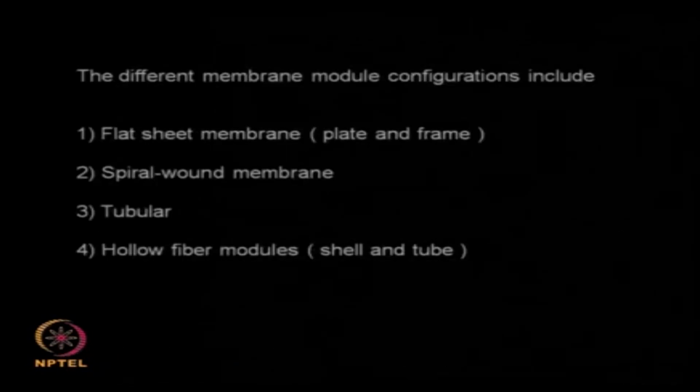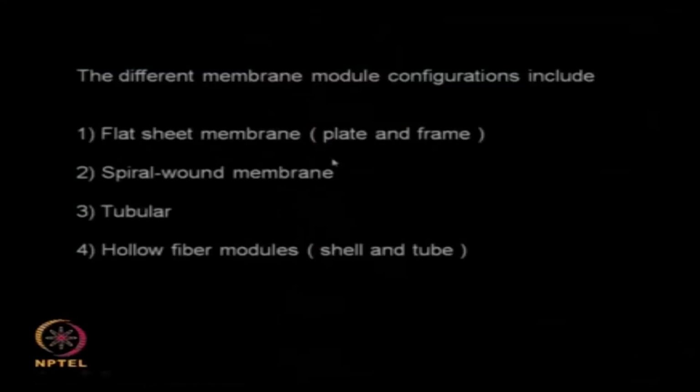Different types of membrane modules are there. The flat sheet membrane is like a plate and frame: the membrane material is in the form of a plate, and the frame holds the flat plates. You can have a spiral wound membrane, that means the membrane is wound like a spiral.